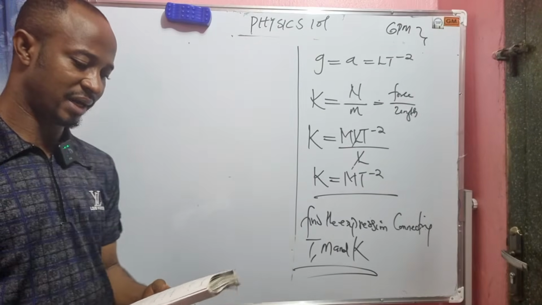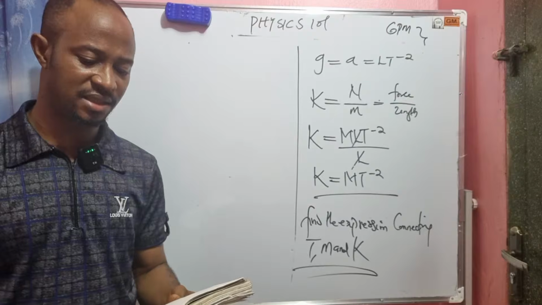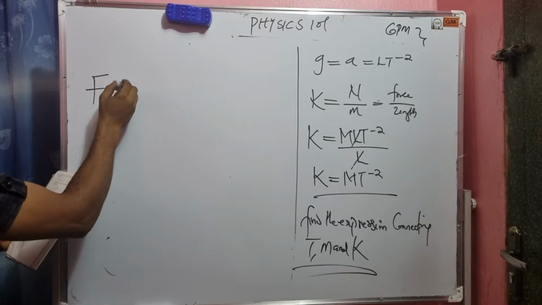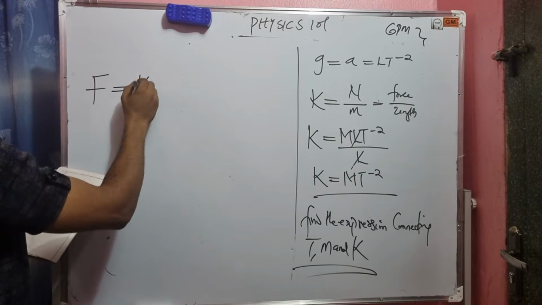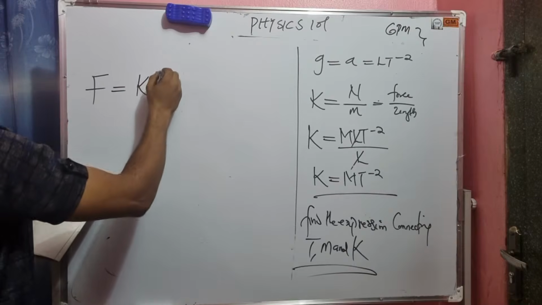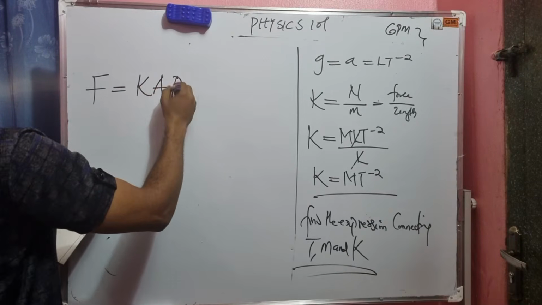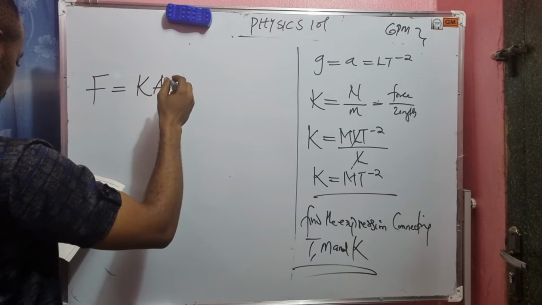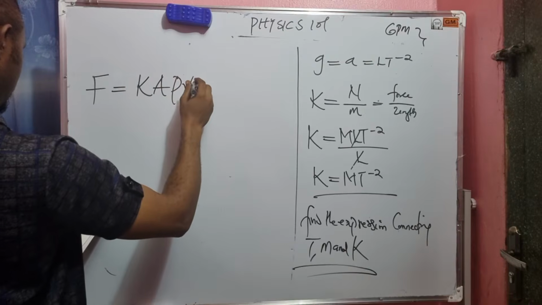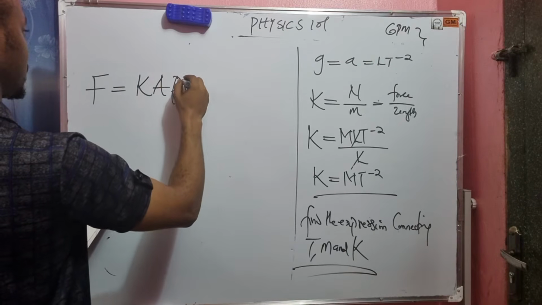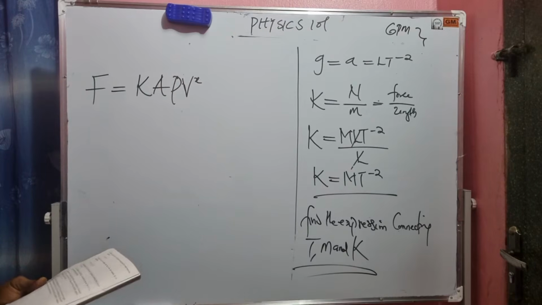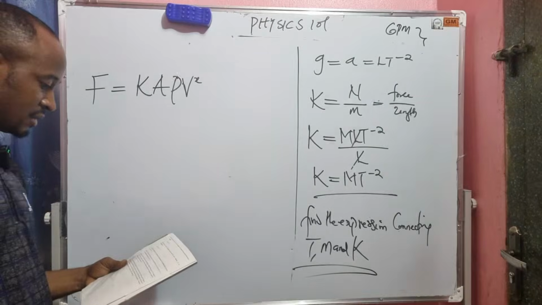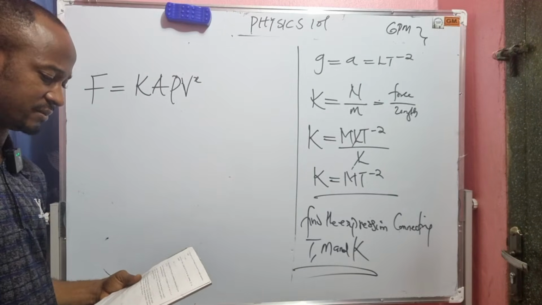A body moving through air at a speed v experiences a retarding force given by K A rho v to the power of x. Experiences a retarding force given by this, where A is the surface area of the body.